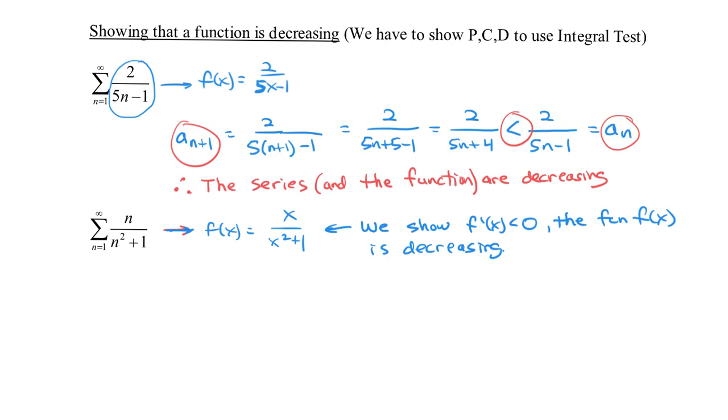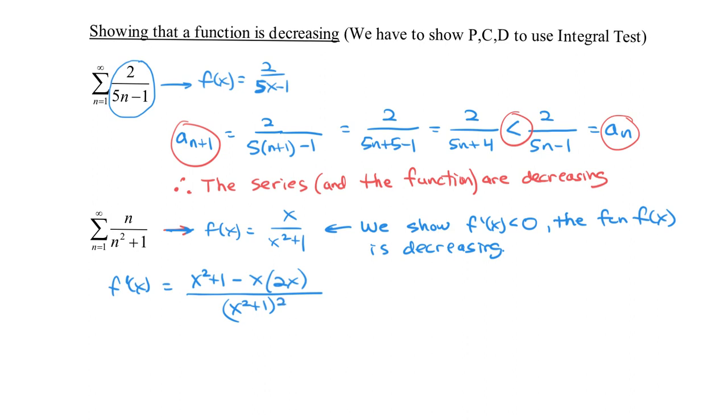So here's our function. I'm just going to use the quotient rule to find the derivative. So f prime of x equals denominator times the derivative of the numerator, which is just 1, right? The derivative of the numerator is 1, minus the numerator times the derivative of the denominator. Derivative of the denominator is 2x, all over the square of the denominator.